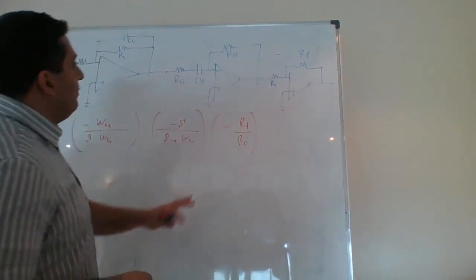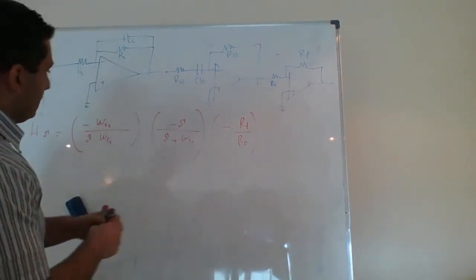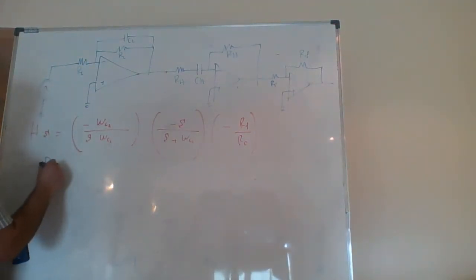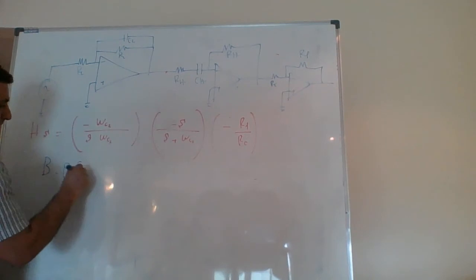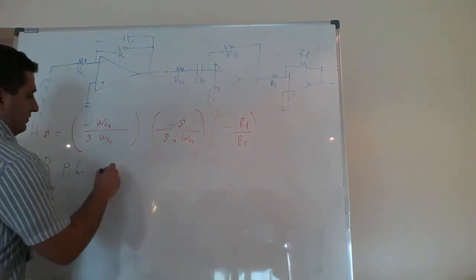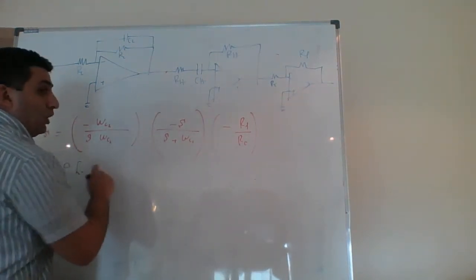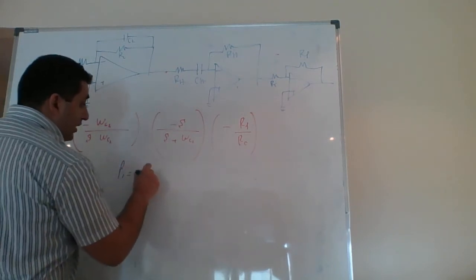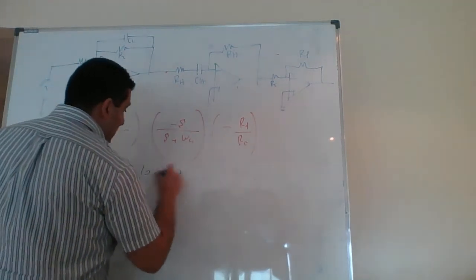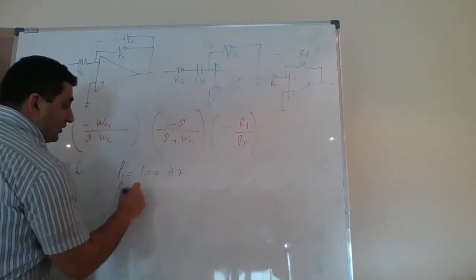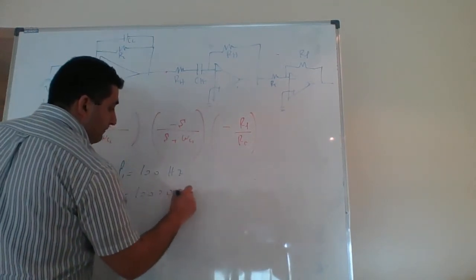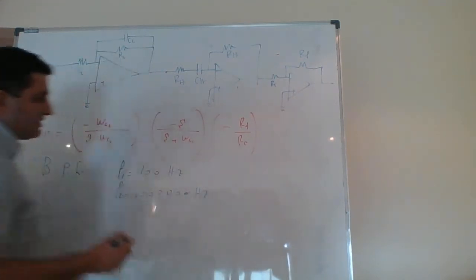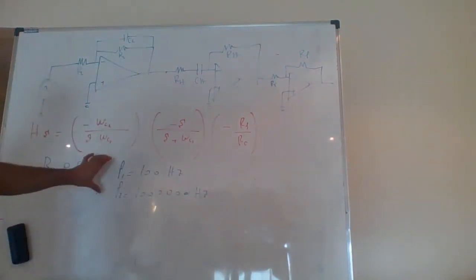If I ask you now to design a band pass filter that has cutoff frequencies that only allow frequencies to pass between F1 equal to 100 Hertz and F2 equal to, for example, 1 million Hertz, figure of speech.